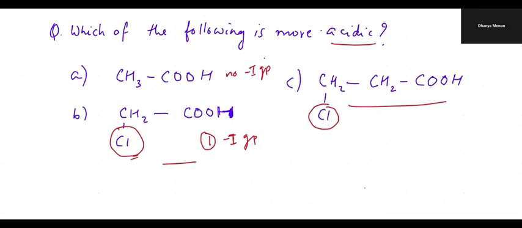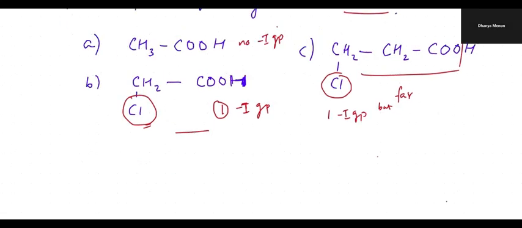It has become more far. There is one minus I group, but far away from the hydrogen ion, right? So definitely A will be least acidic because it has no minus I group.